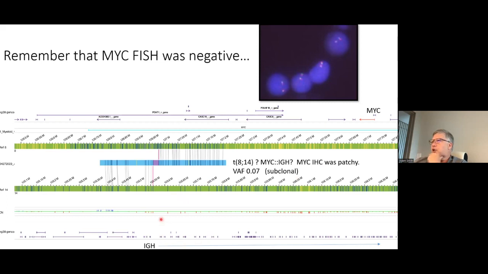Here's the IGH region on the bottom. So this is the reference for chromosome 14. The enhancer region for IGH would be up in this region somewhere, and MYC is actually way down here. So this is an extremely proximal breakpoint for MYC. The red probe for MYC would be in this region here. It would not extend all the way up to this breakpoint.